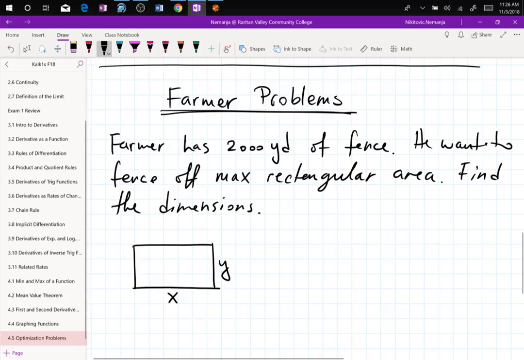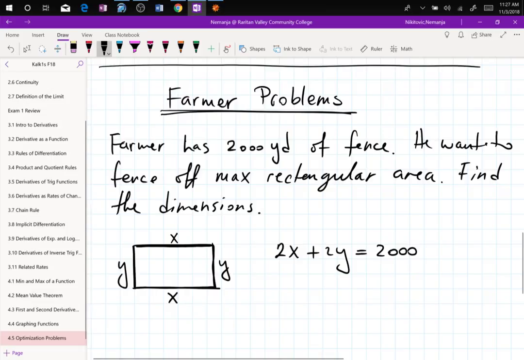So, you know that the fence is going to go all around where this black line is. That's a perimeter. What's a perimeter for the rectangle? It's, you add all the sides, 2x plus 2y, and that needs to be exactly 2,000 yard of fence that the farmer has. Yay, we already have our constraint.